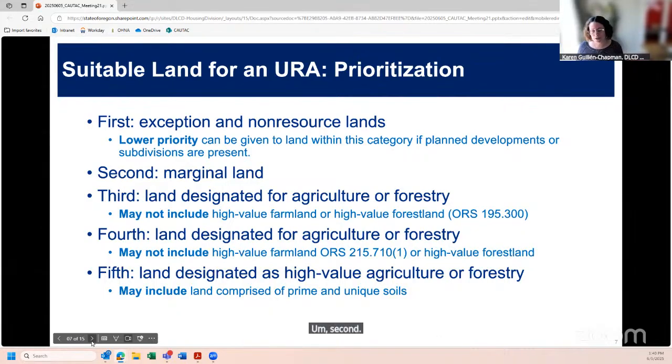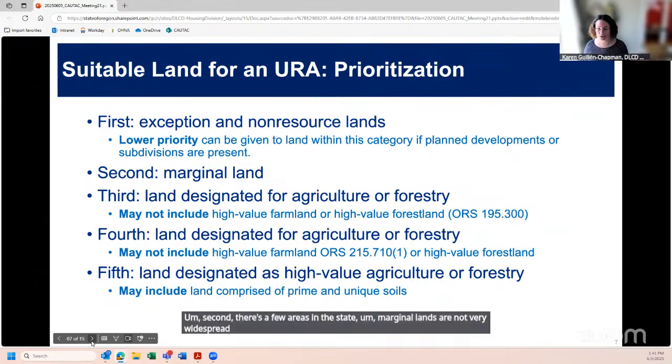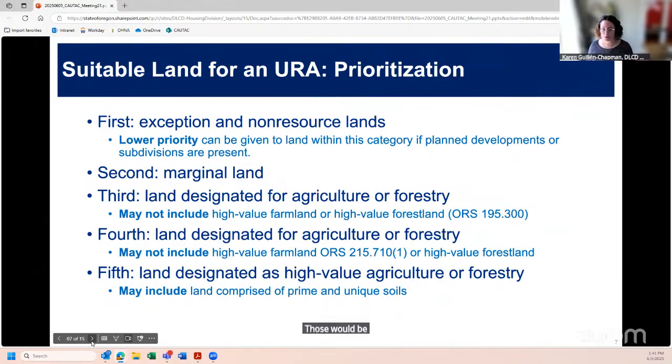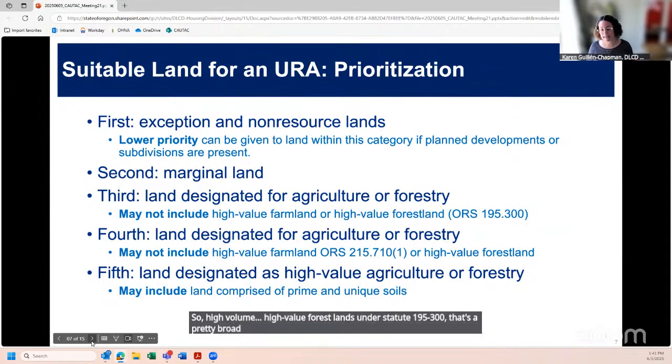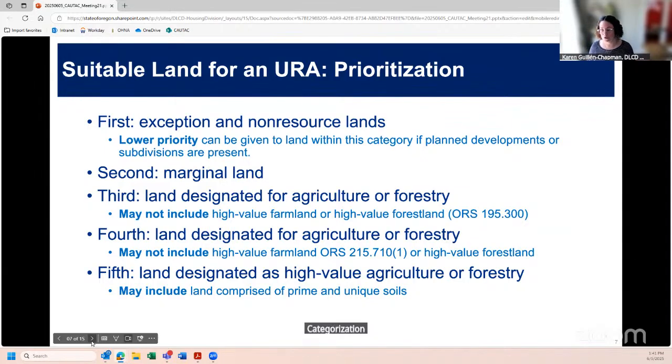Second, there's a few areas in the state. Marginal lands are not very widespread, but there's some select areas. Those would be second priority. And then third through fourth priority, we've parsed this out a bit. So high value forest lands under statute 195-300, that's a pretty broad categorization of high value farmland.